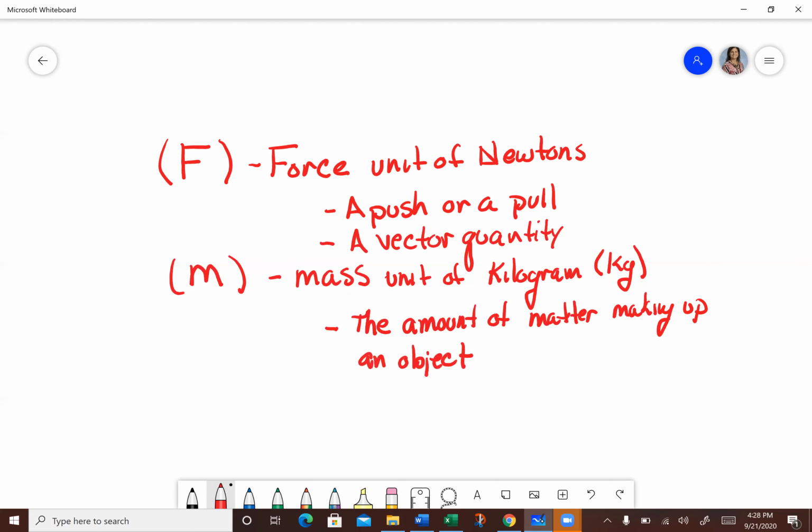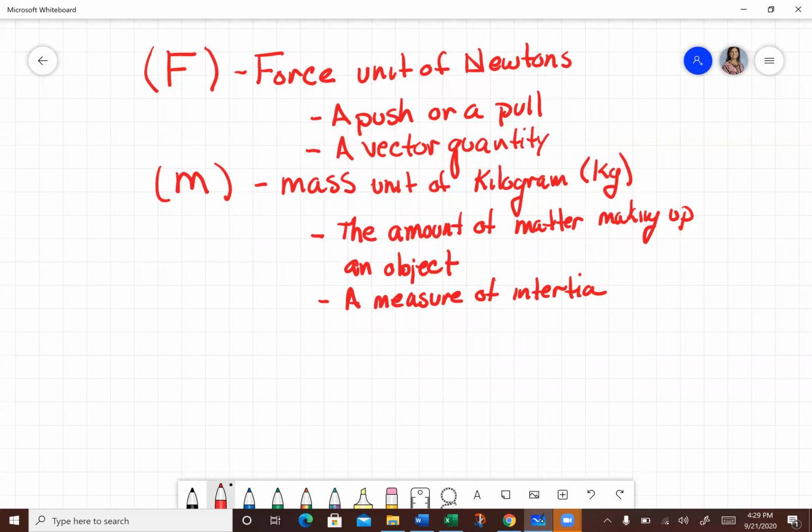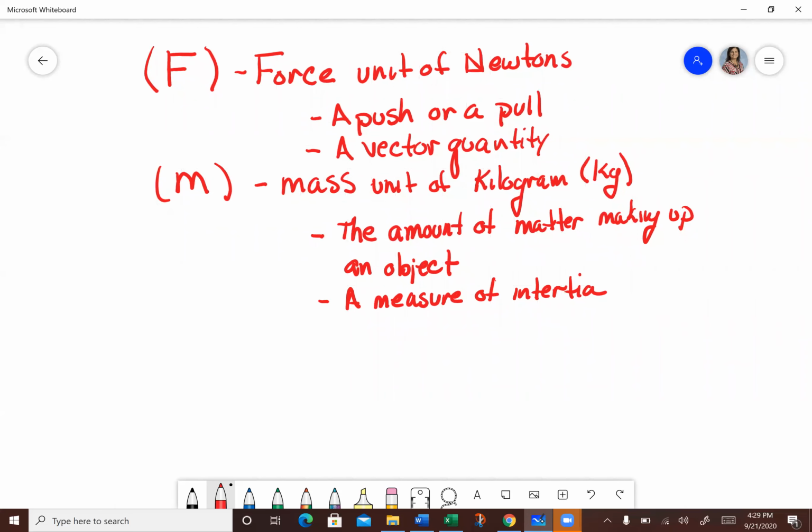As I said today, it is a measure of inertia. So a measure of inertia, it is a scalar quantity.